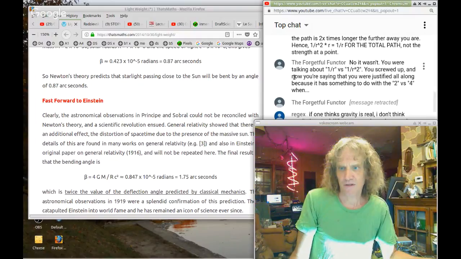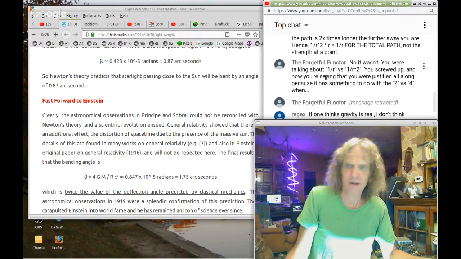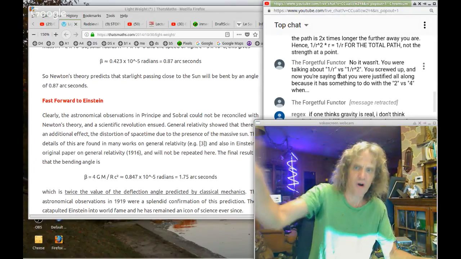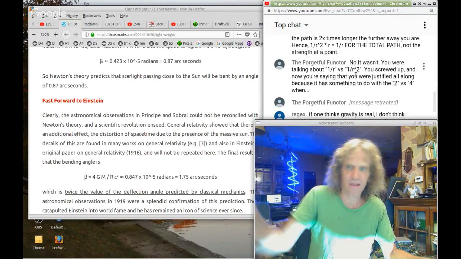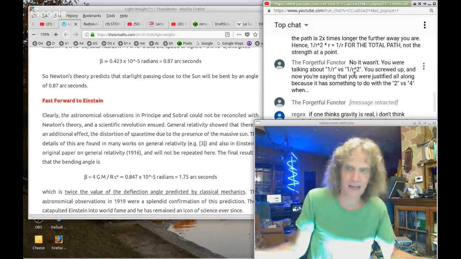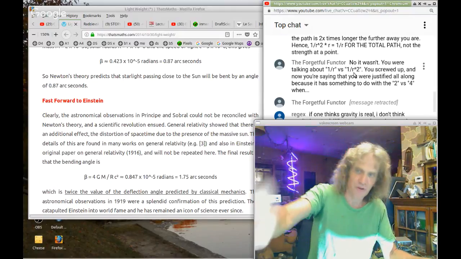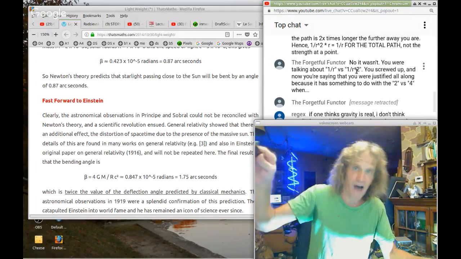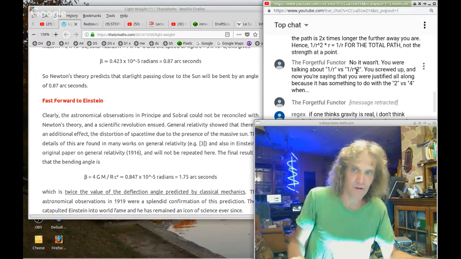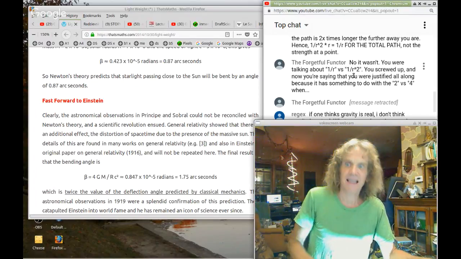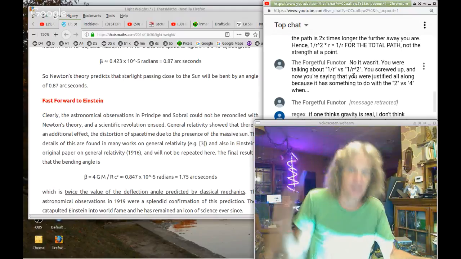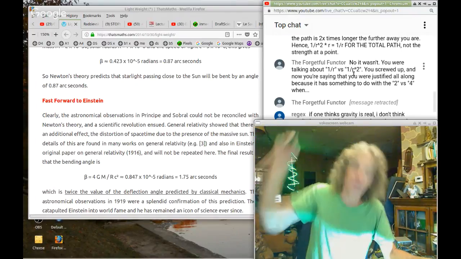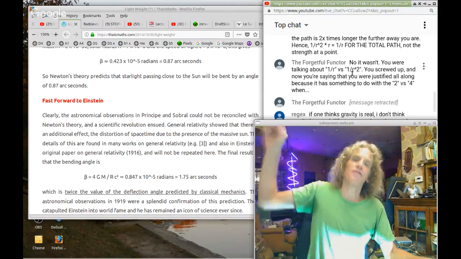No, it wasn't. You were talking about 1 over r versus 1 over r squared. I never brought up any of this 1 over r versus 1 over r squared thing beyond just pointing out that when you do that, that derives to the orbital equations that converts into the difference between 2 GM and 4 GM.